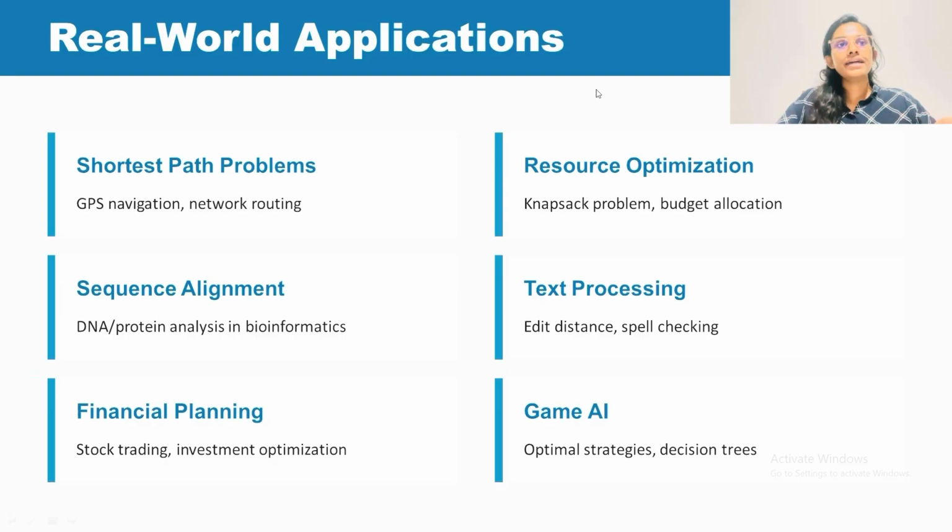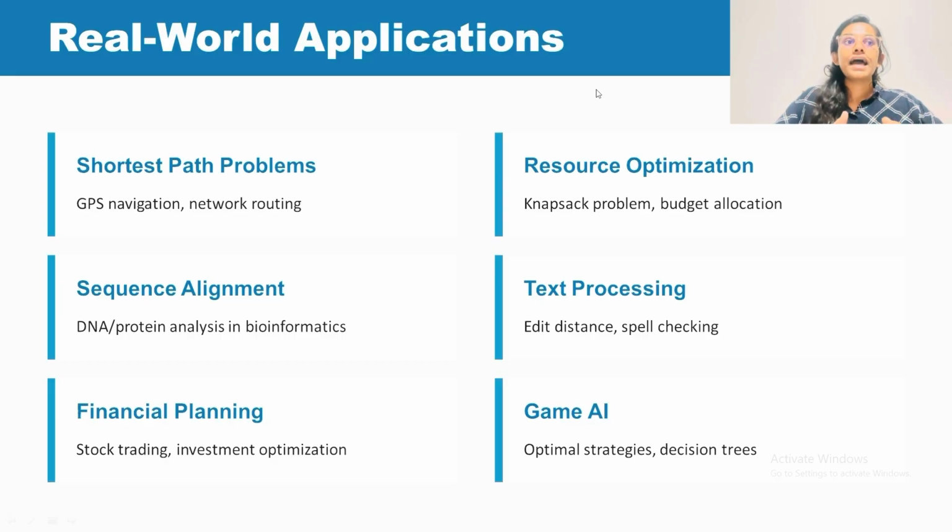bioinformatics. DNA and protein sequence alignment rely on dynamic programming. Fourth, text processing. Spell checkers use dynamic programming to calculate edit distance. Fifth, financial planning. Stock trading algorithms and portfolio optimization depend on dynamic programming.